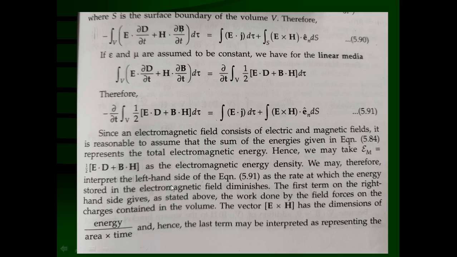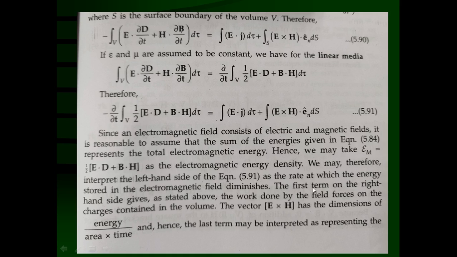We may therefore interpret the left hand side of equation 5.91 as the rate at which the energy stored in the electromagnetic field diminishes, or is decreasing. Minus d dt represents the amount by which some quantity decreases per unit time. So the amount of electromagnetic energy stored in a volume decreases every second. That is nothing but the left hand side.